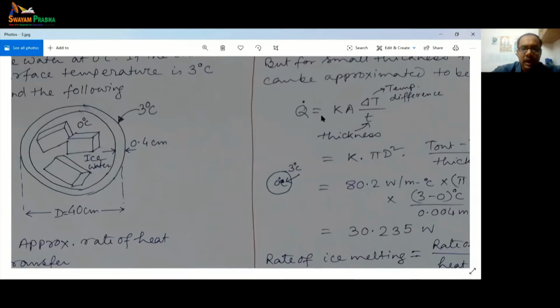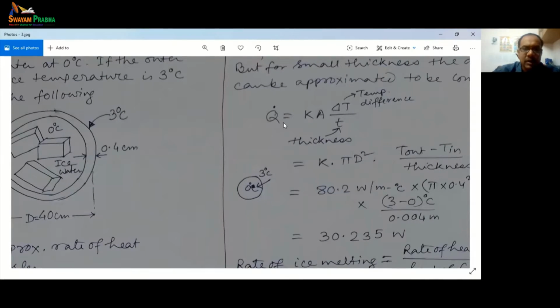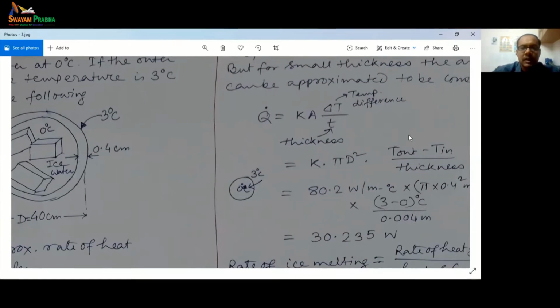When you learn conduction in more detail, you will see that change of area perpendicular to the direction of heat transfer causes a lot of issues, and for an accurate analysis you have to consider the spherical coordinate system differential equation.